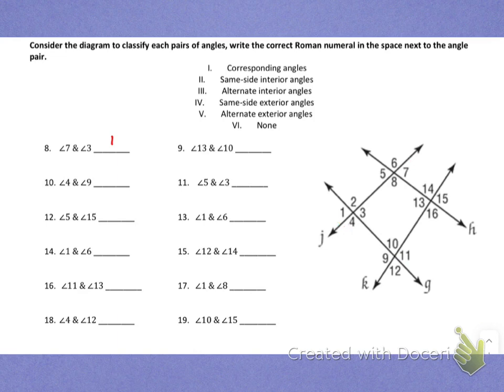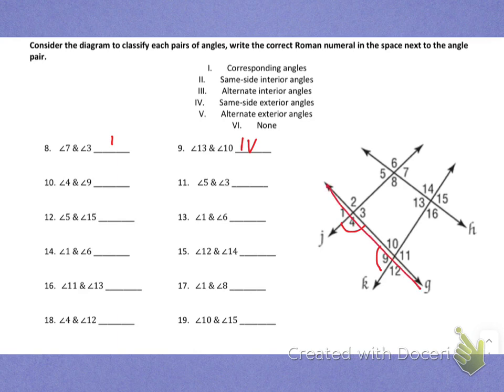Okay. 9, 13 and 10. 13 is on the inside, 10 is on the inside, and then if I look at this line right here, they're both on the same side, so they're same side interior. So maybe that would be 4. 4 and 9, be 4 here and 9 here. They're both on the inside.